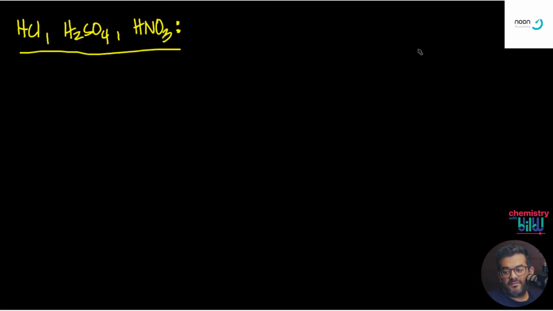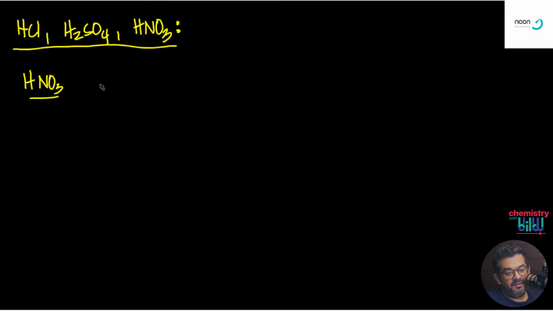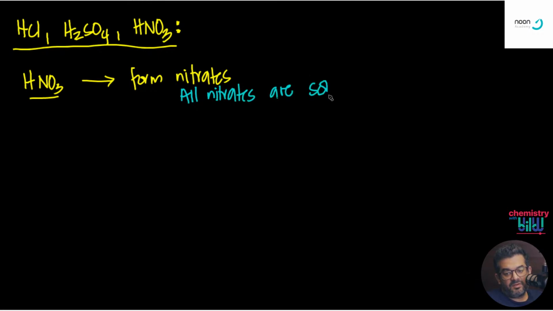When nitric acid reacts, what will it make? Nitric acid will form nitrates as salts. And what's the rule? I'll write the rule in blue. All nitrates are soluble. That's the first thing.